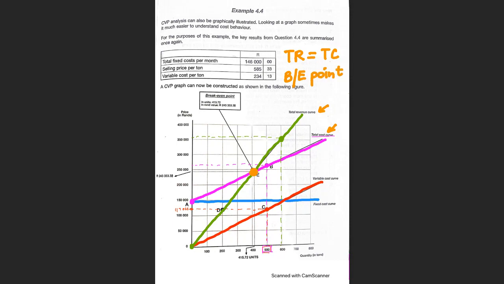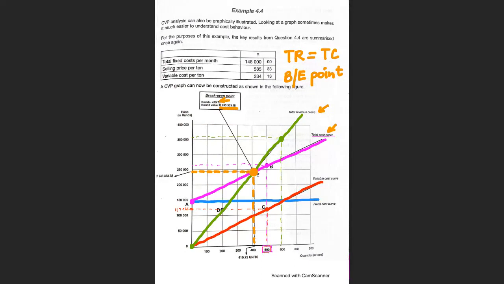At this point, if you go down to your x-axis, you'll see approximately just after 400 units is your break-even, which is 415.72. And in terms of rand value, you had a value of 243,333.38, which is just below the 250,000 mark.